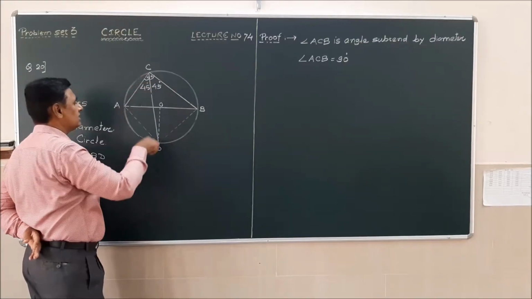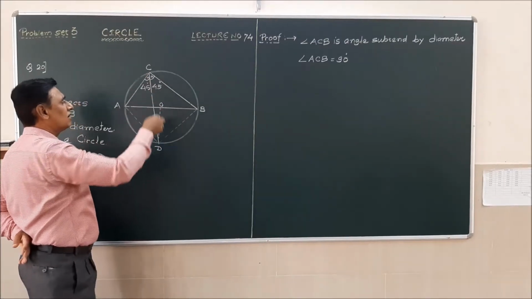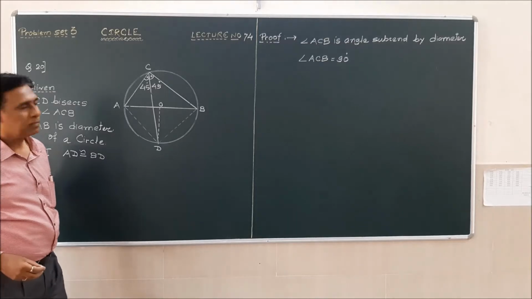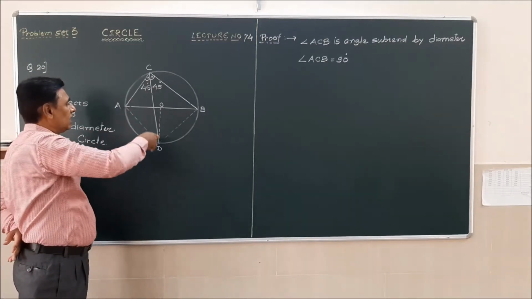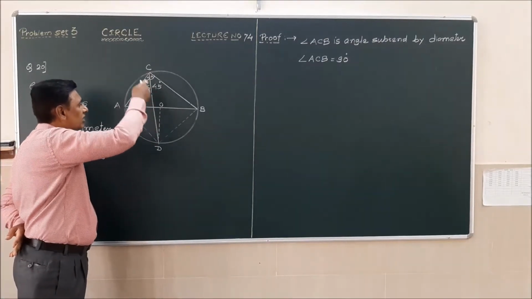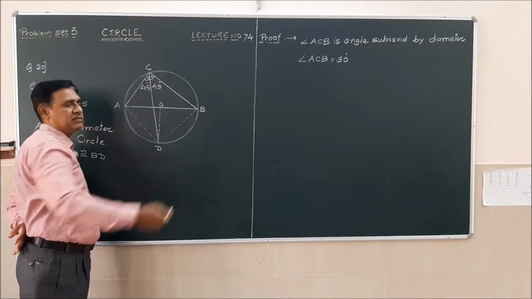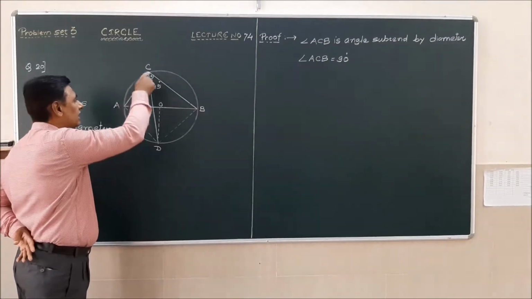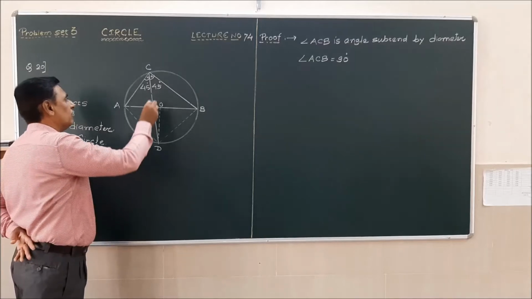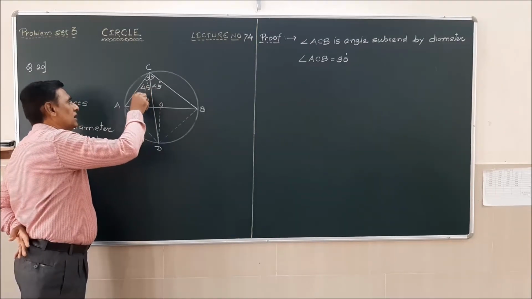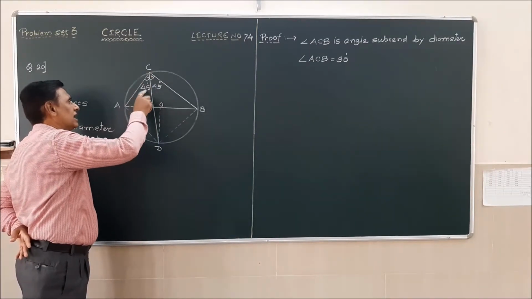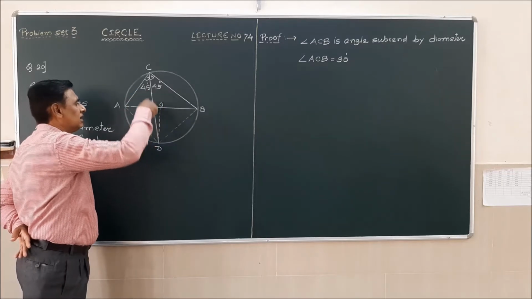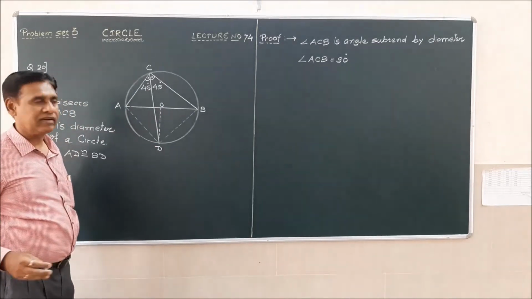Angles ACD and BCD are 45 each. The reason is that CD is given as the angle bisector of angle ACB. So if the whole angle ACB is 90 and we bisect it by CD, then we get angle ACD and angle BCD as 45 each.